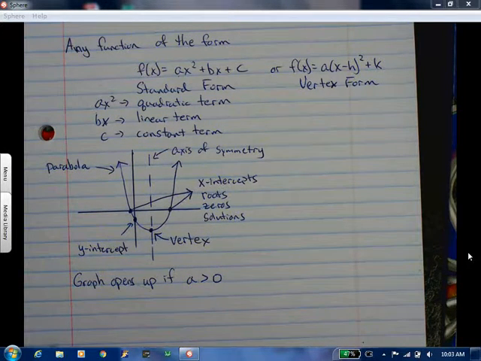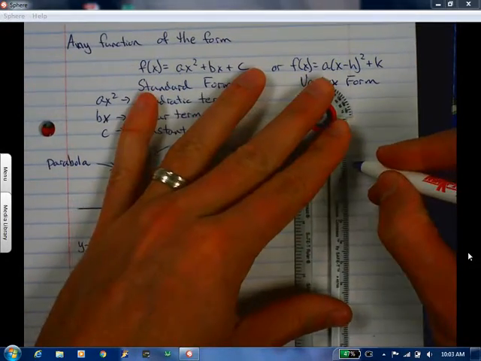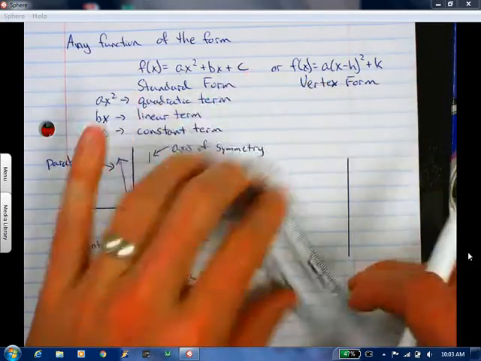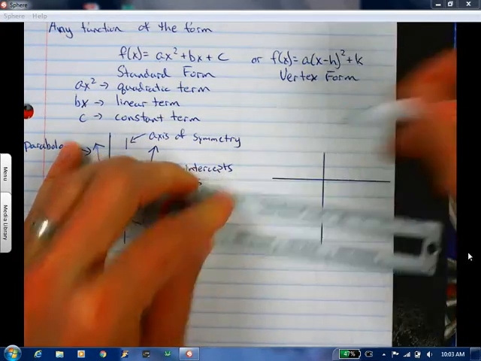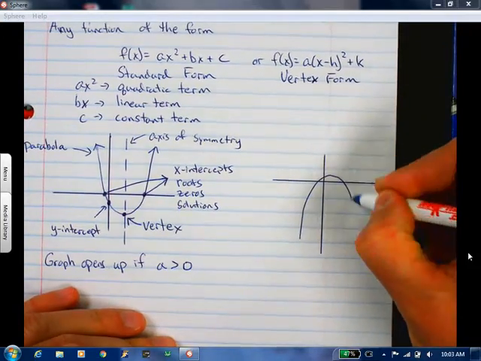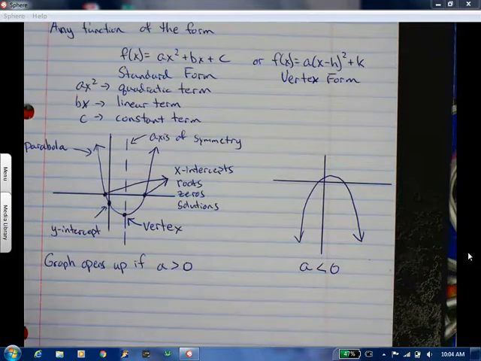Because if a equals 0, do you have an x squared? No. So a has to be something other than 0 to have a quadratic graph. So what happens if a is negative? It goes down.